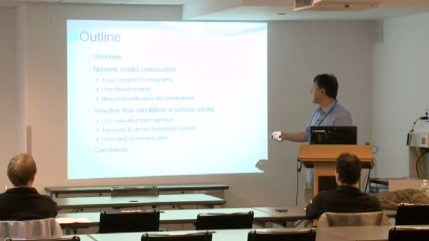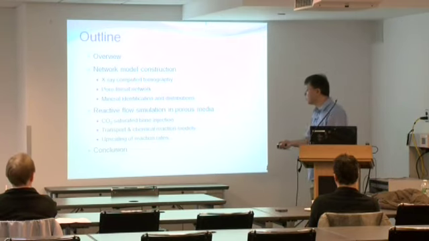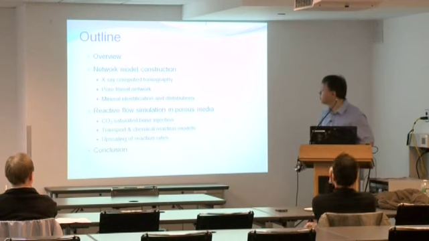Then the CO2 saturated brine injection in pore space is simulated. For the simulation, we need the transport model and chemical reaction models. Using the simulation result, we upscale the geochemical reaction rates to a larger scale. And we'll see the conclusion.